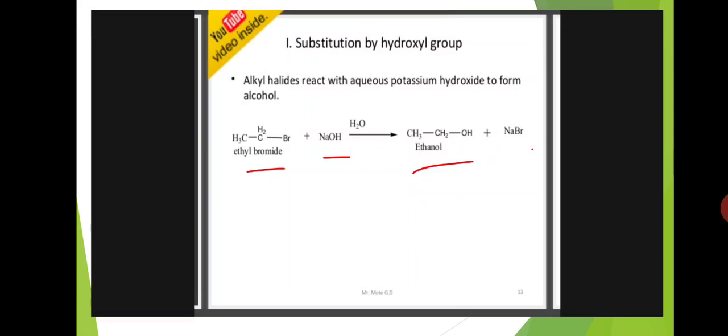Means bromine is substituted by the hydroxy group. So this reaction is called substitution by hydroxyl group, and it is also an example of a nucleophilic substitution reaction.